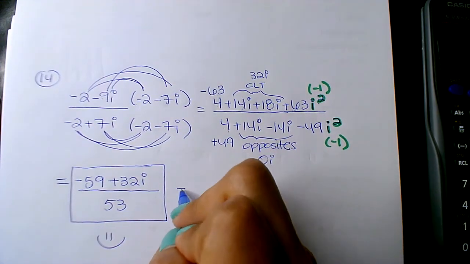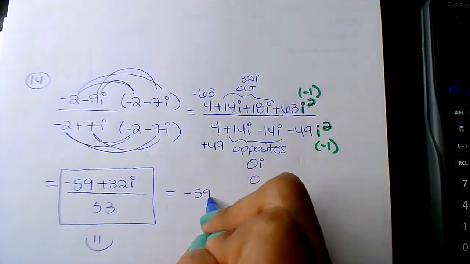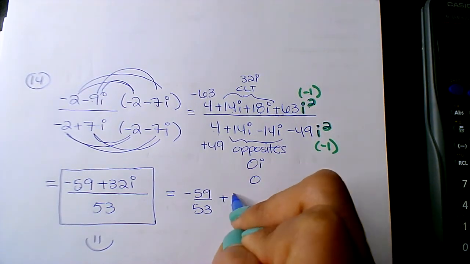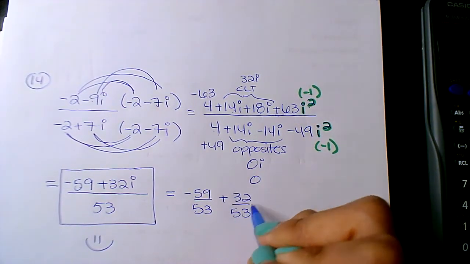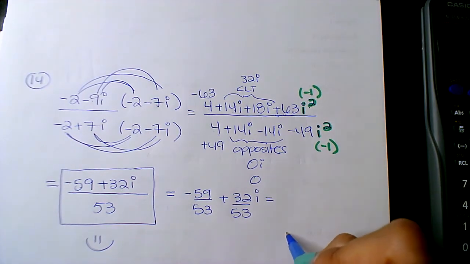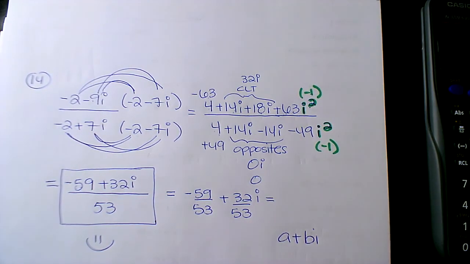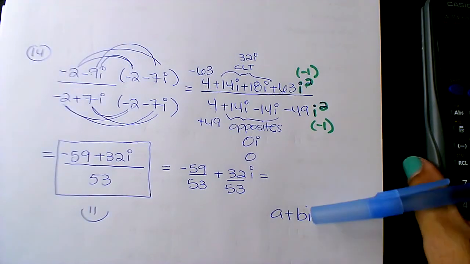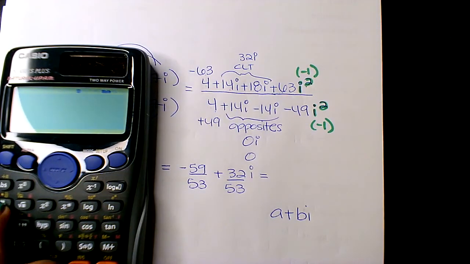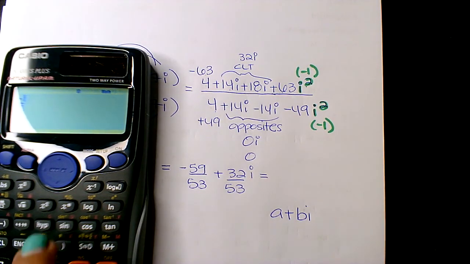However, if you would like to split it up and grab your calculator and really turn it into an a plus bi, two-term, real part, imaginary part, then you would get, whoops.